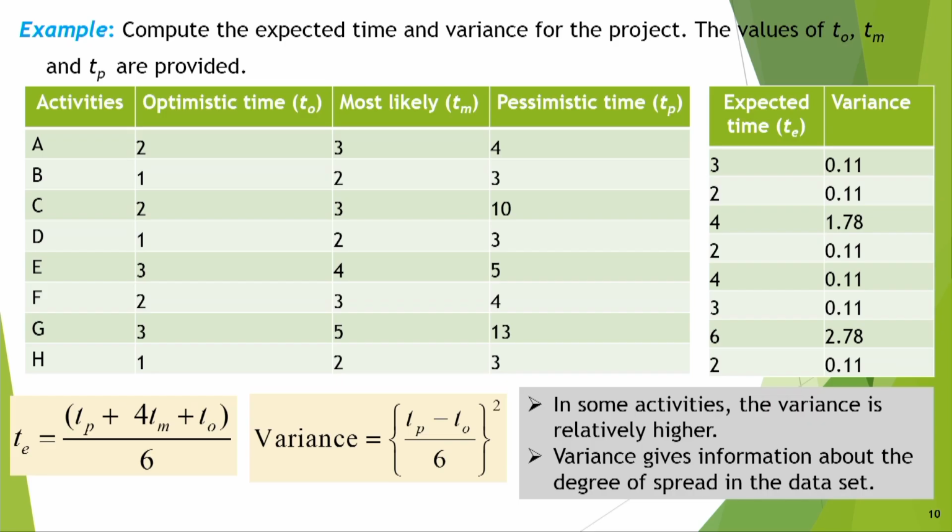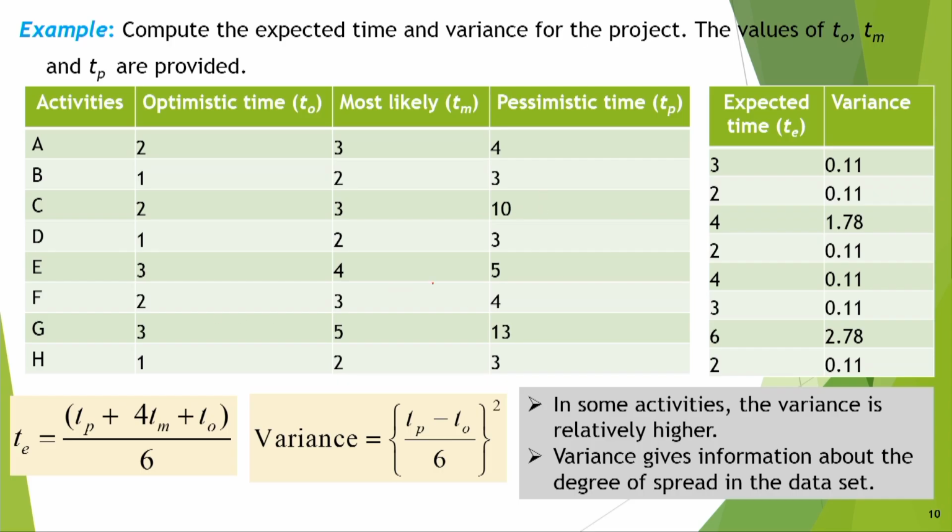So, for activity A, it takes 2 minutes, or whatever unit you need, 2 days you can say, the most likely estimate is 3, and the pessimistic estimate is 4. Like that for activity B we have 1, 2, 3. For activity C we had optimistic time 2, most likely time 3, and pessimistic, that means if there is some delay it may become too much, 10. So, like that.